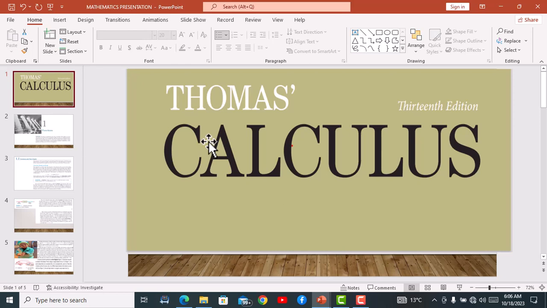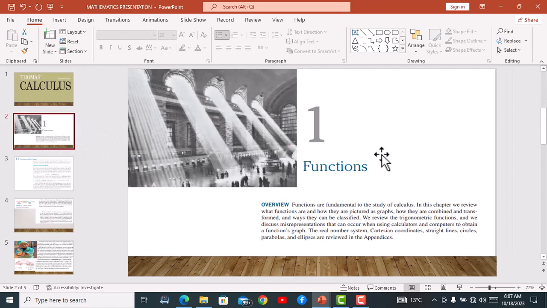Without understanding the definitions as a template from which you can build on, you will be incredibly confused in mathematics. So without any further explanations, this is the opening slide. We gave the introduction, and then we will be dealing with the very first chapter in calculus by Thomas, which is functions, and we will just have an overview reading of what is happening here.